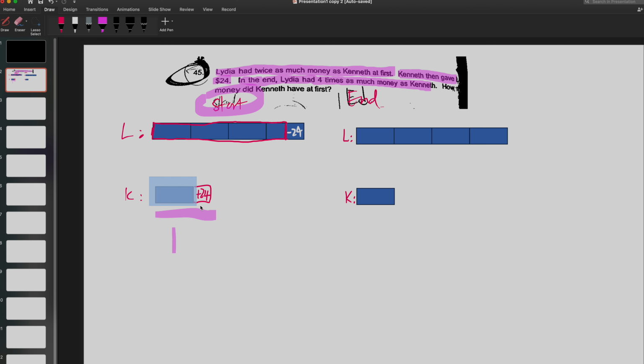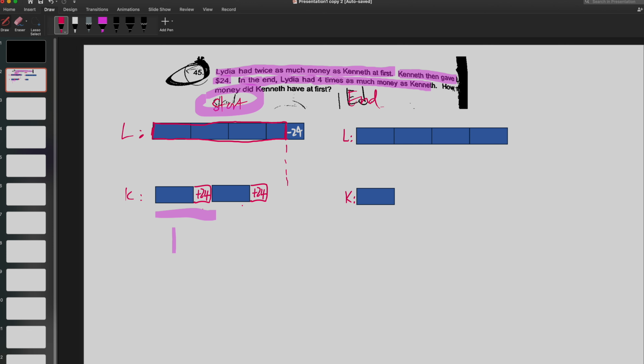So what you can do is just copy this and park it over here, and over here it doesn't look like it matches, right? It should. 2 times Kenneth, you should get Lydia at the start.